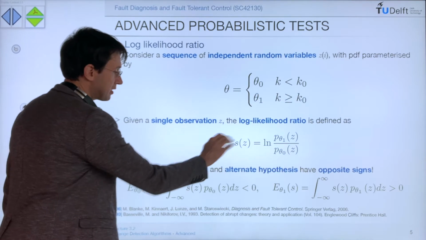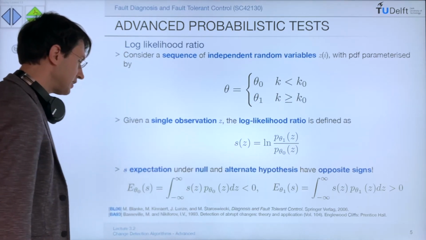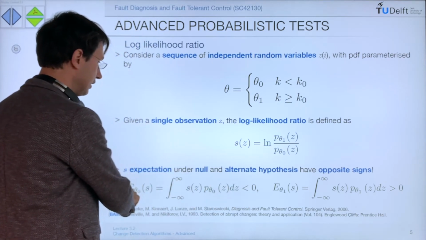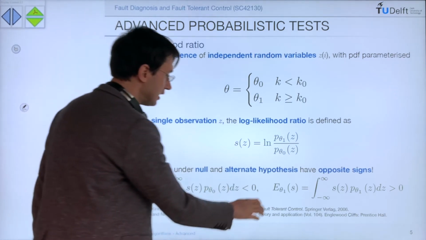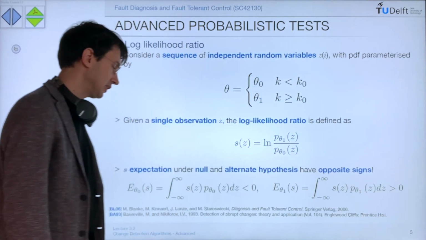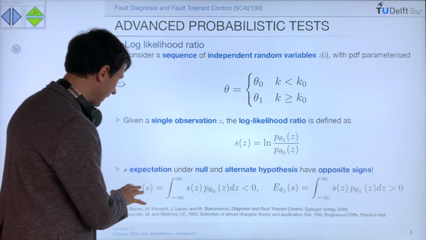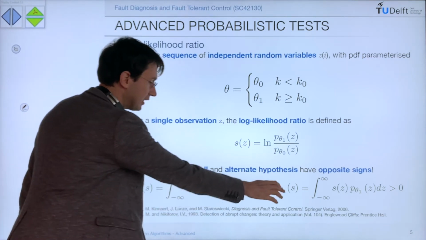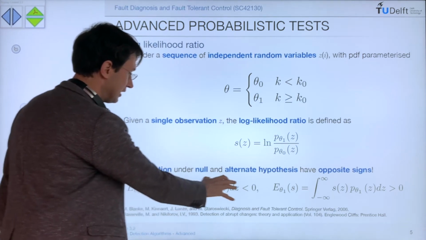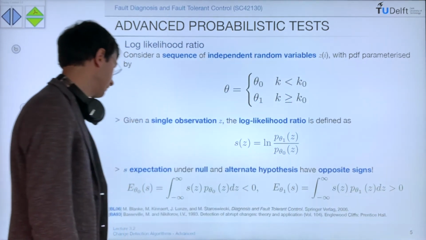So we can compute the expectation of S. The expectation of S is equal to this expression if we are under the null hypothesis, and this expression if we are under the alternative hypothesis. The good thing is that the expectations here and here have different signs. The first one is negative, and the second one is positive.